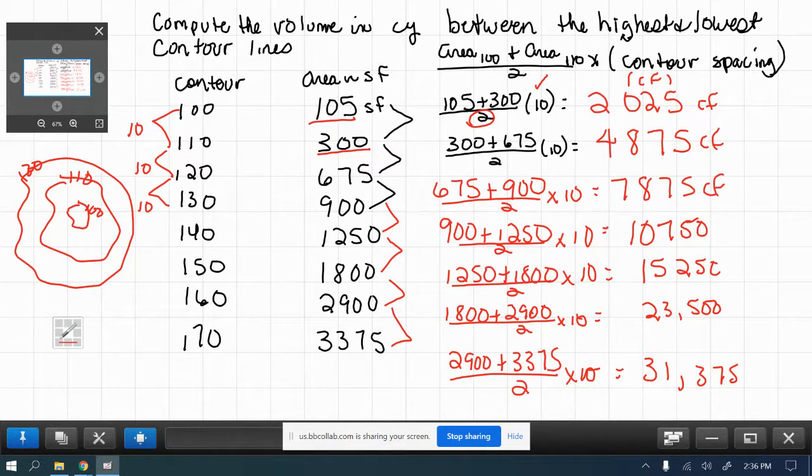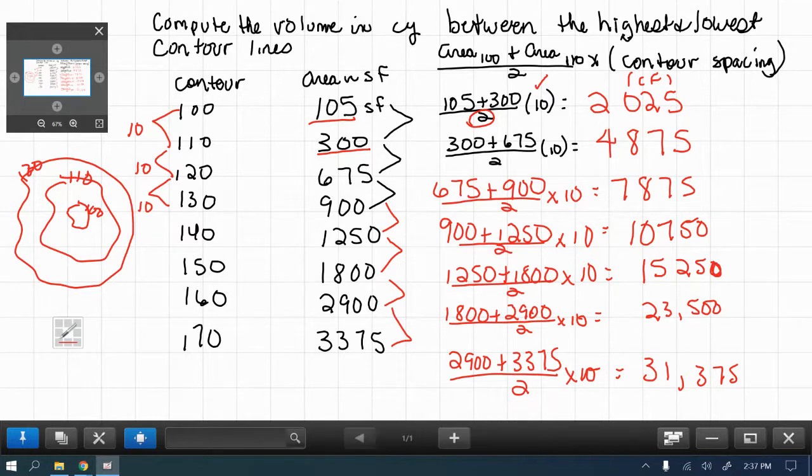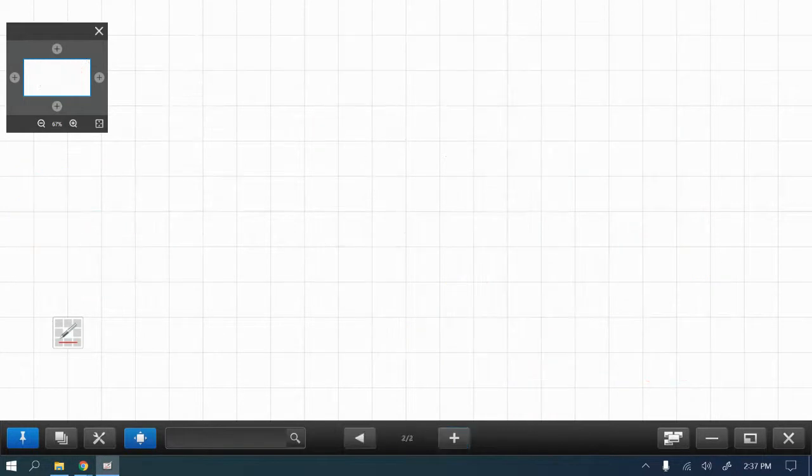And then I want to add them all together. I want to total them all together. Now, if I total them all together, I'm going to get a volume of 95,650 cubic feet.